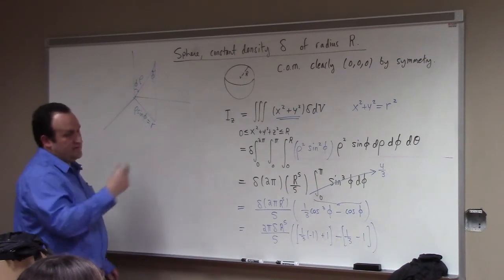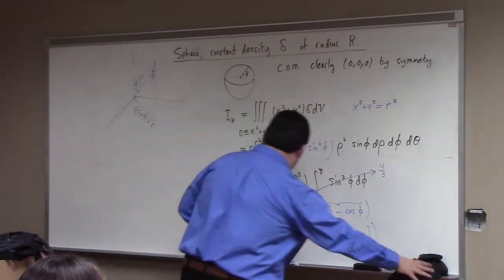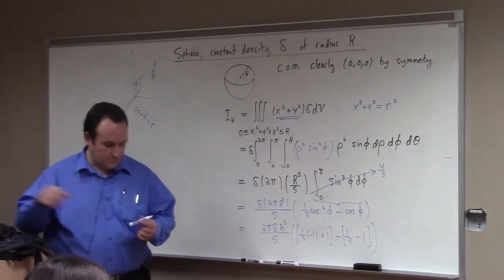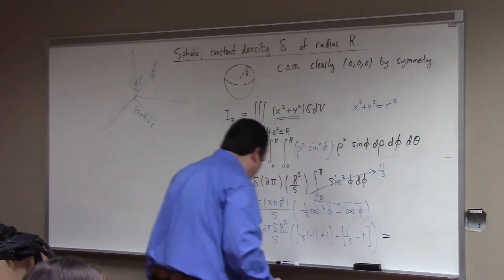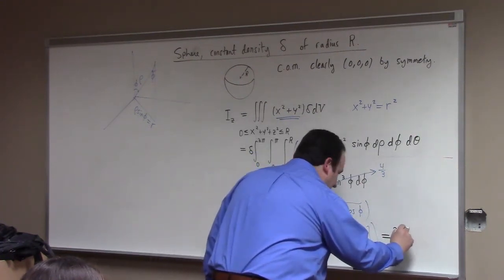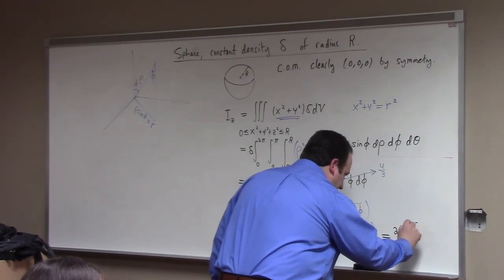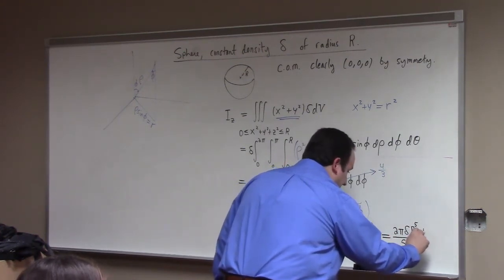So anyway, it is 4/3 though. And so what happens with that is we get two pi delta r to the 5th divided by 5 times what? Times 4/3, right?